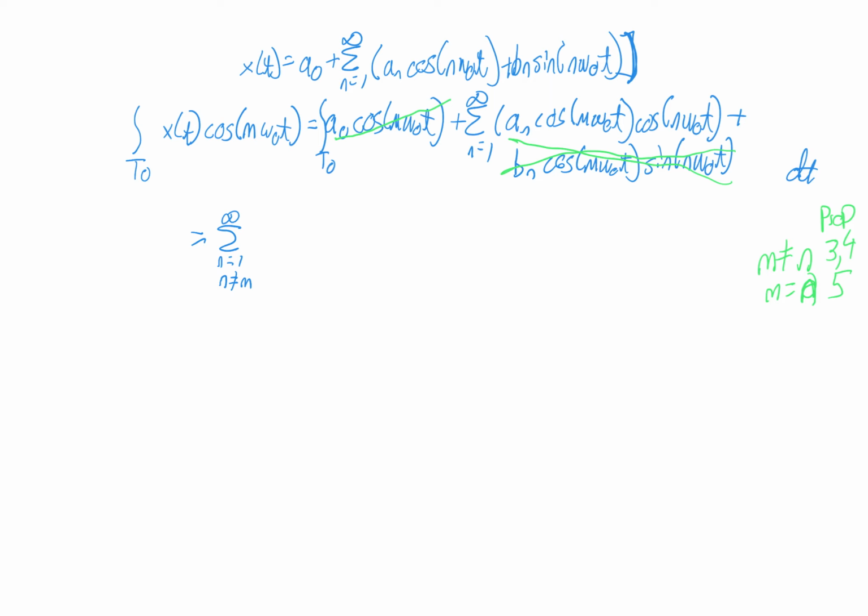So in these cases, what we have is a of n cosine m omega naught t cosine n omega naught t, and we do the integral for each of these functions over t0.